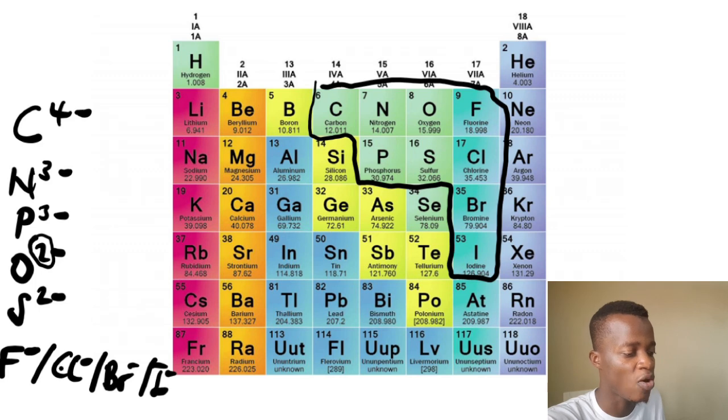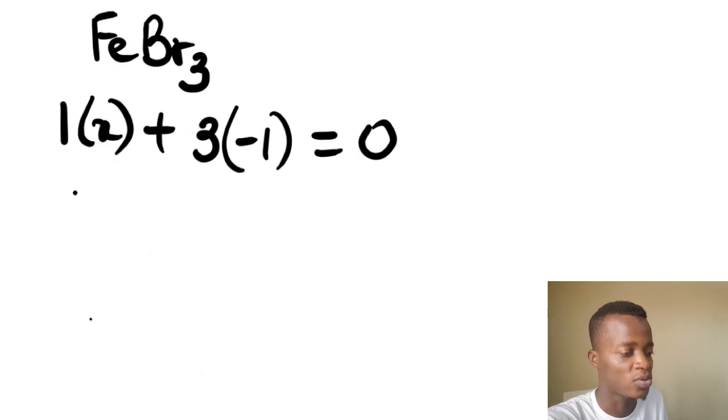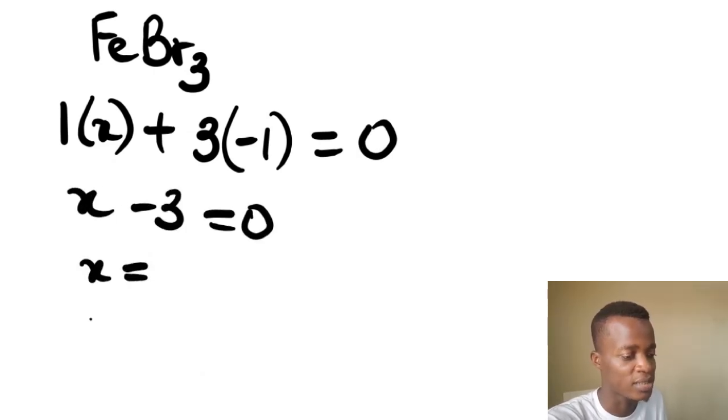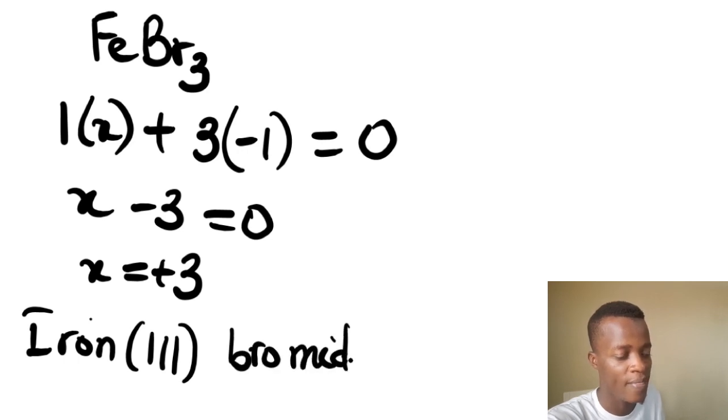We take group 7, they are all -1 as they are charged. So you get -3 equals 0. So I have x minus 3 equals 0. So x is equal to +3. So the name is iron(III) bromide, because bromine is going to be bromide.